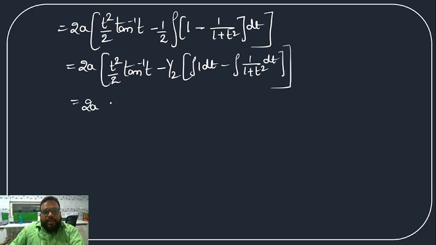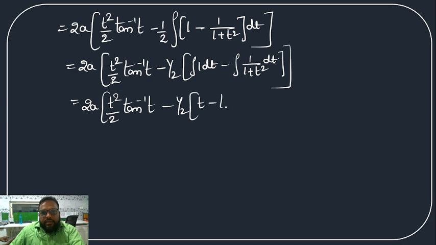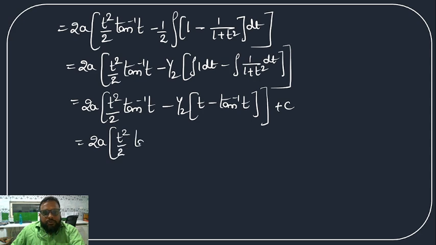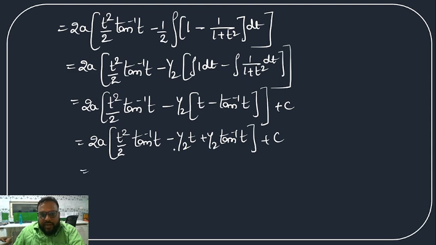So this becomes 2a into t square by 2 tan inverse t minus half into t minus tan inverse t, plus c. So this is 2a into t square by 2 tan inverse t minus half t plus half tan inverse t plus c. Okay, this half I will take outside completely and this half will cancel with 2a.